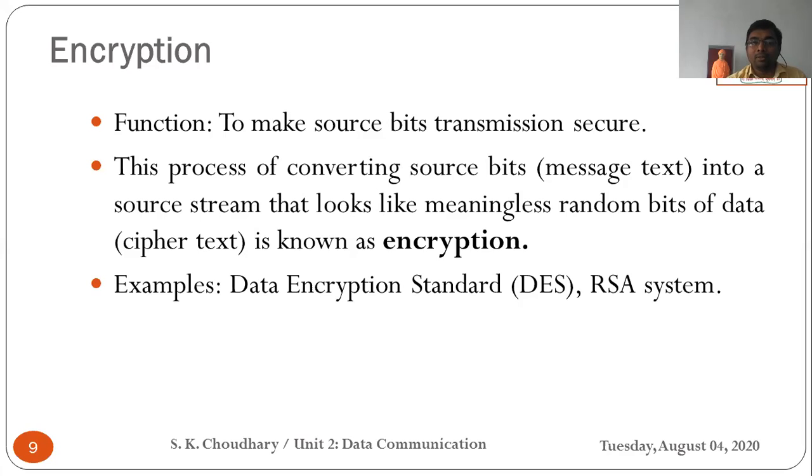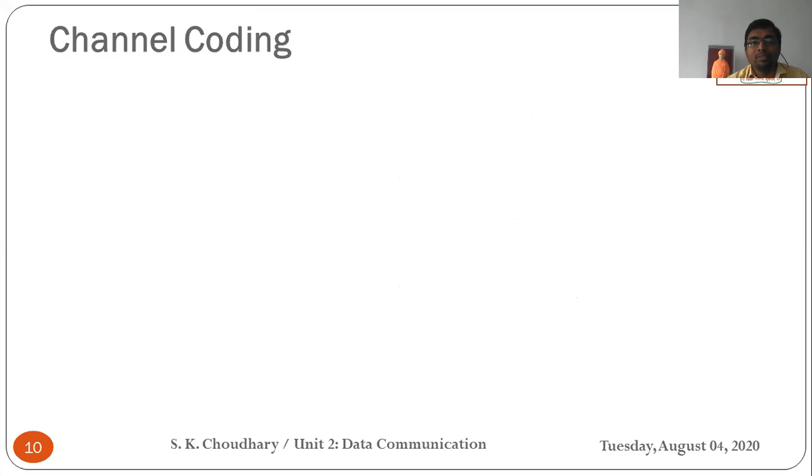Only the dedicated receiver would be able to understand. Some examples of encryption methods are the Data Encryption Standard (DES) or RSA systems, generally used in commercial encryption. After encryption of the message, we pass it to the channel encoder.